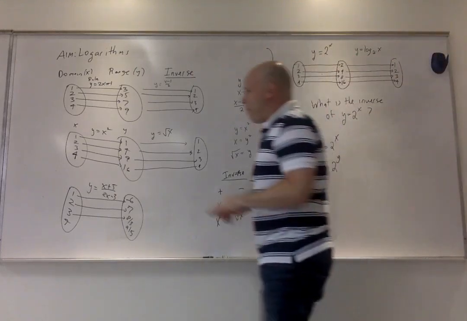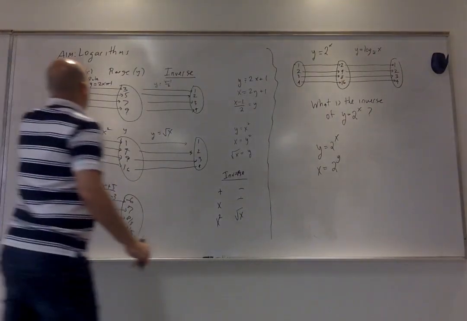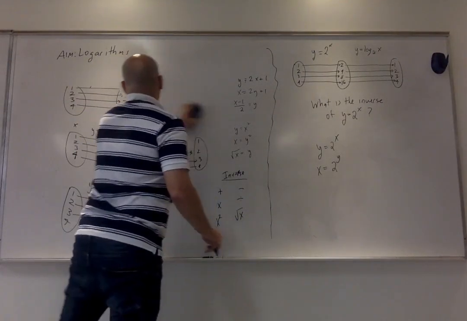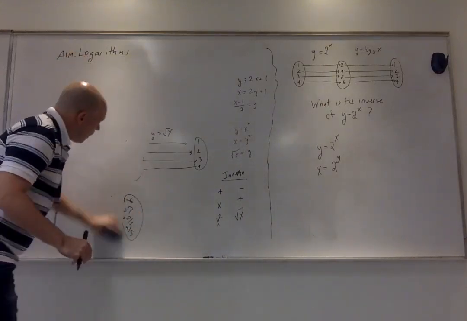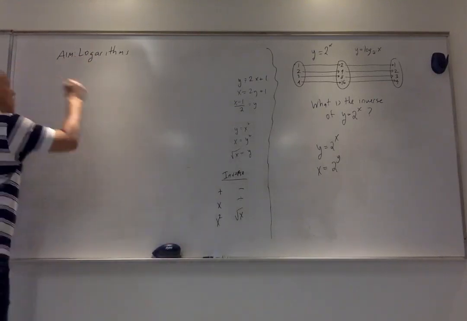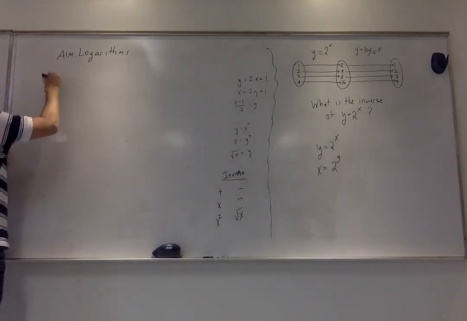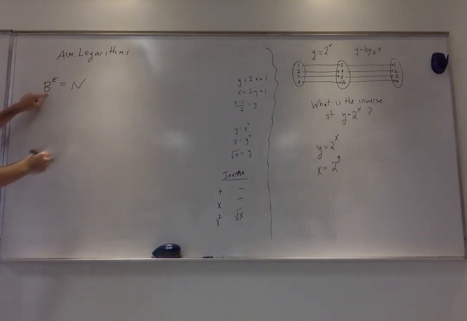Now, if you remember, I told you to think about exponents using the word Ben. The guy's name Ben. So I said b to the e equals n. We're fixing the base.